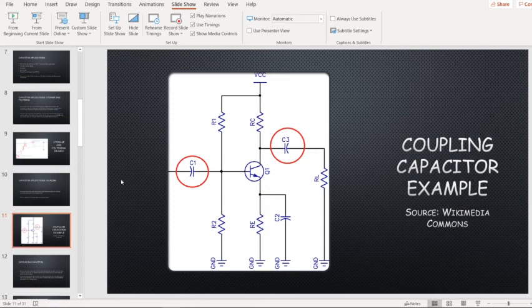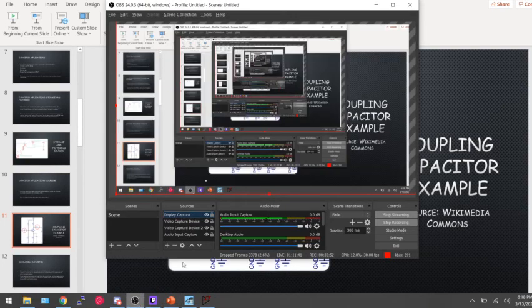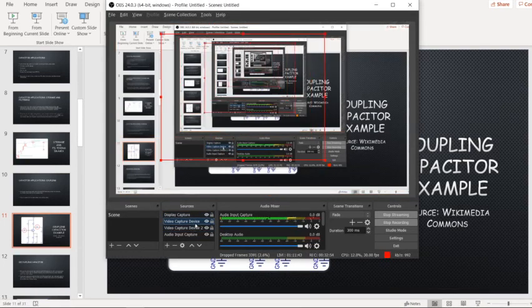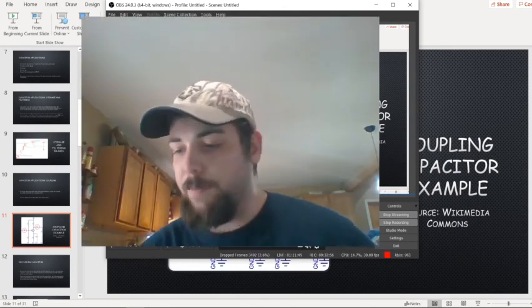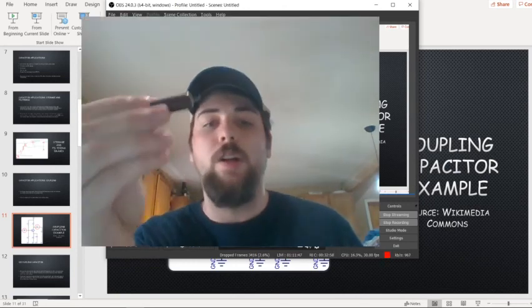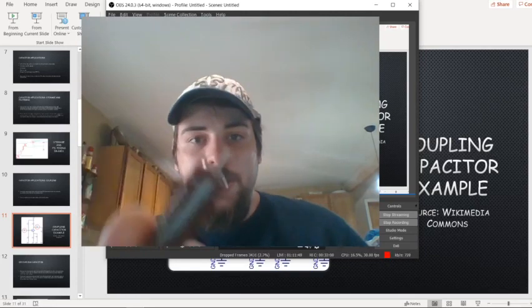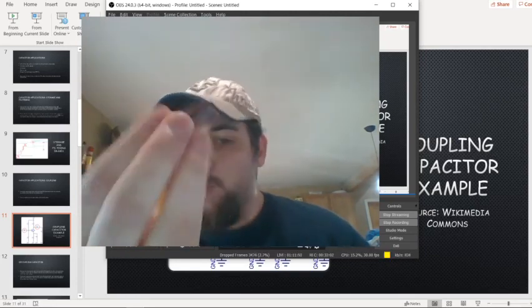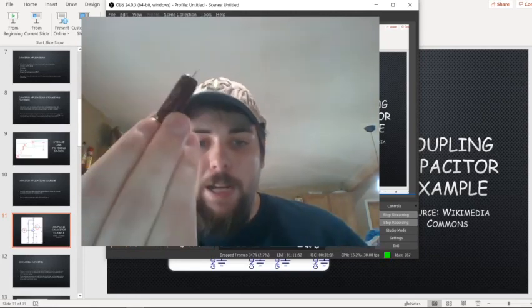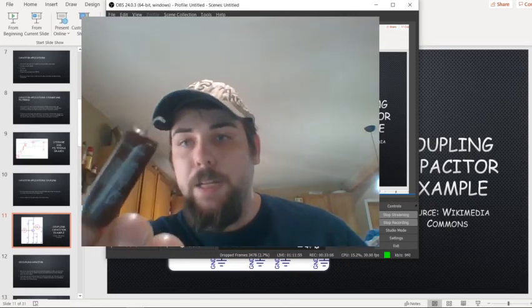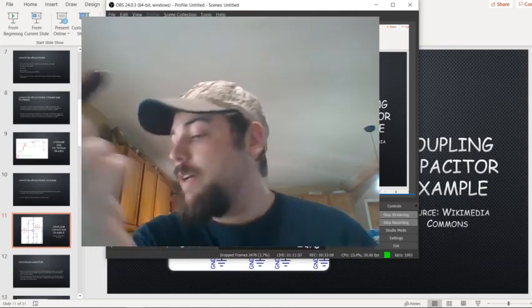So I'm going to go back into the camera so I can show you some examples of coupling capacitors. Now, I showed you this Goodall capacitor, and this is a coupling capacitor. This was taken out of circuit from a coupling application.